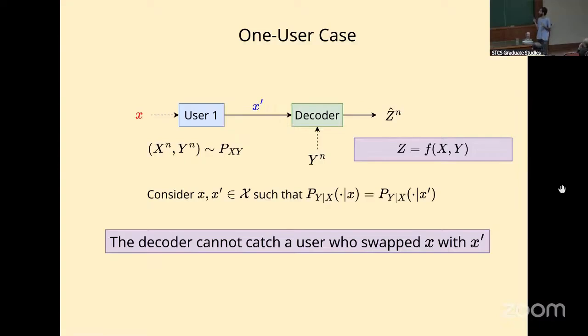And the decoder cannot catch who swapped x with x prime because all the decoder has access to is the conditional distribution. And they just look the same. Doesn't matter if x was sent or x prime was sent.